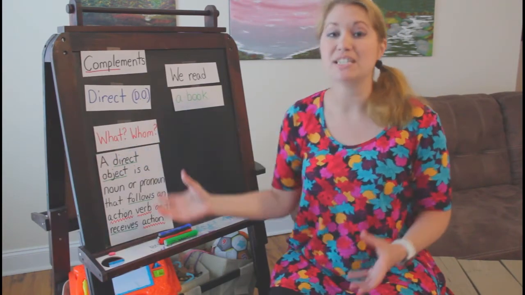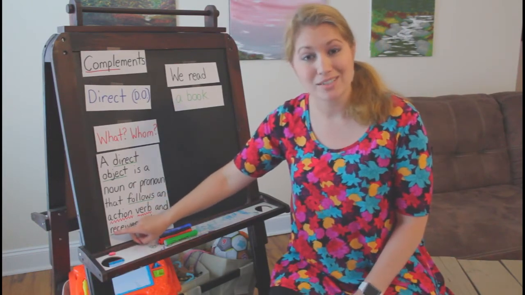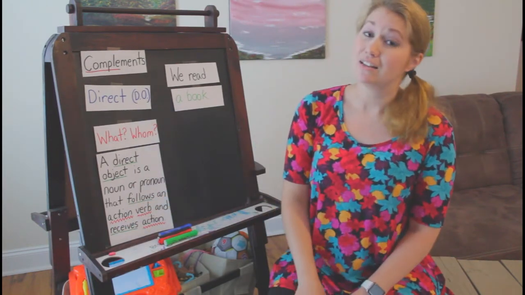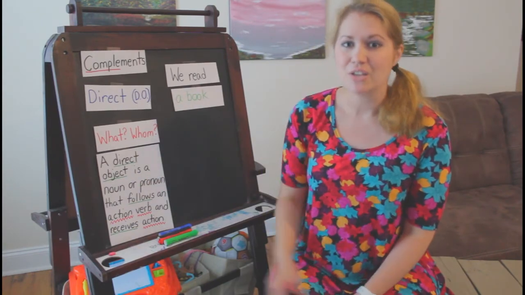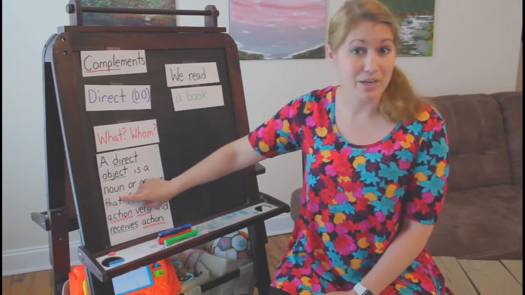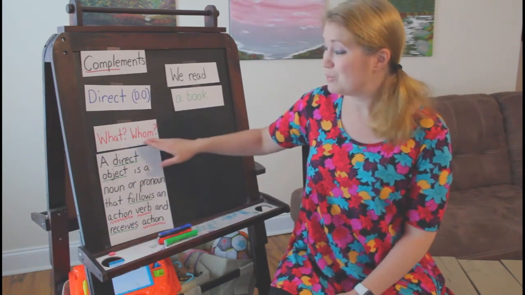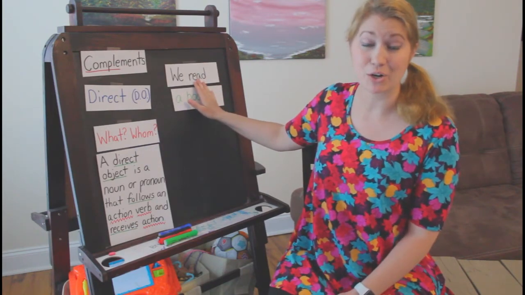Which one is receiving that action, giving you a noun or a pronoun. Look carefully. A lot of them have extra words thrown in there to throw you off. So make sure you're able to filter through that and find which one has a real noun or pronoun and which one is receiving the action from the action verb.